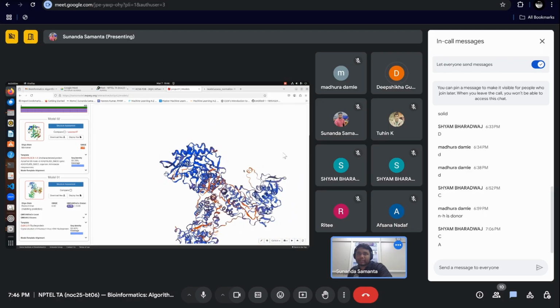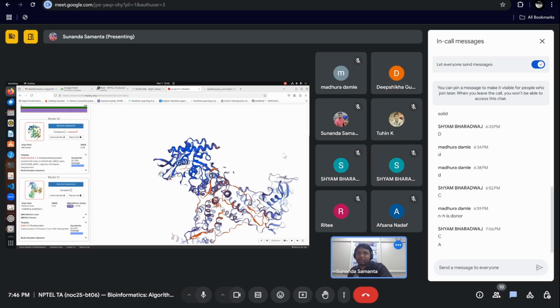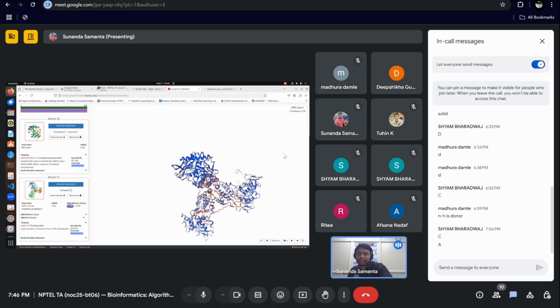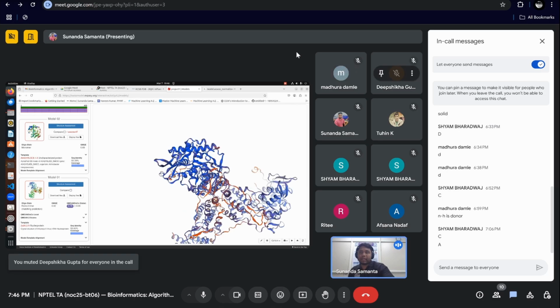Also, you'll notice that some sort of color code is present in the 3D structures. The blue colored regions are indicative of the core region of the protein, which was modeled correctly with a high level of confidence.